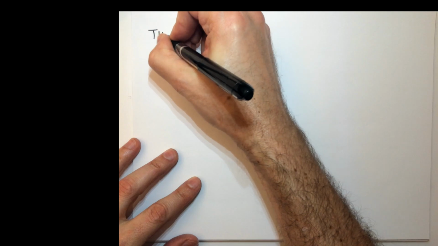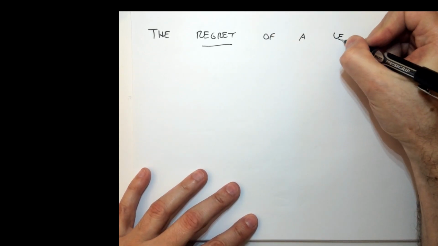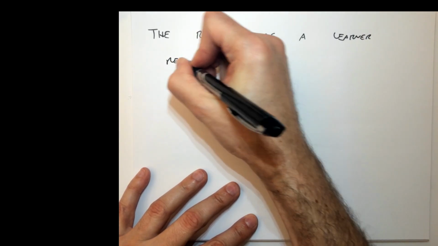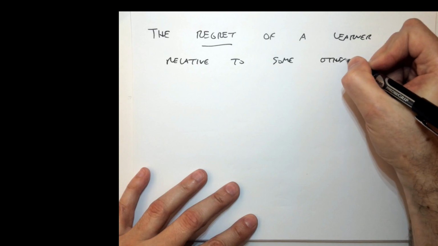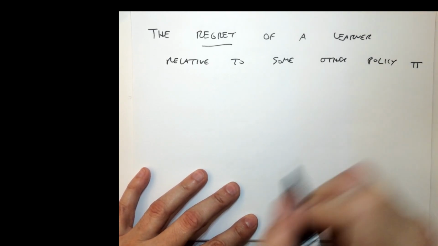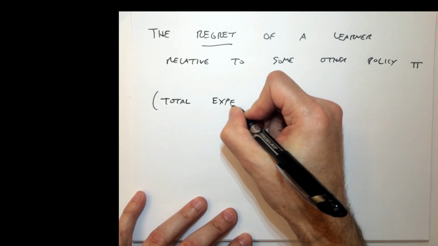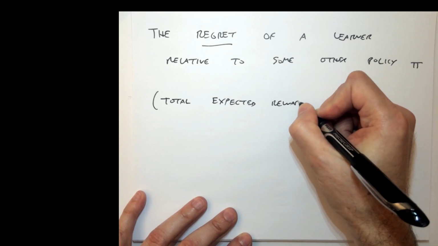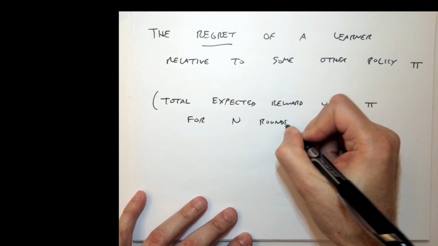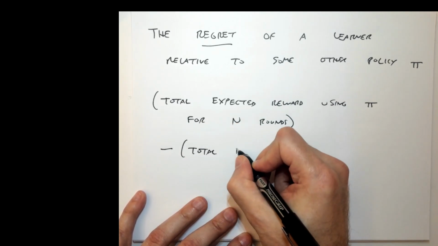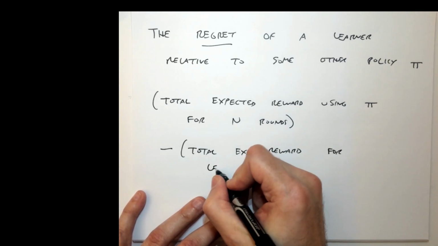So the regret of a learner relative to some other policy pi is basically the total expected reward using pi for n rounds minus the total expected reward that the learner collects in n rounds.